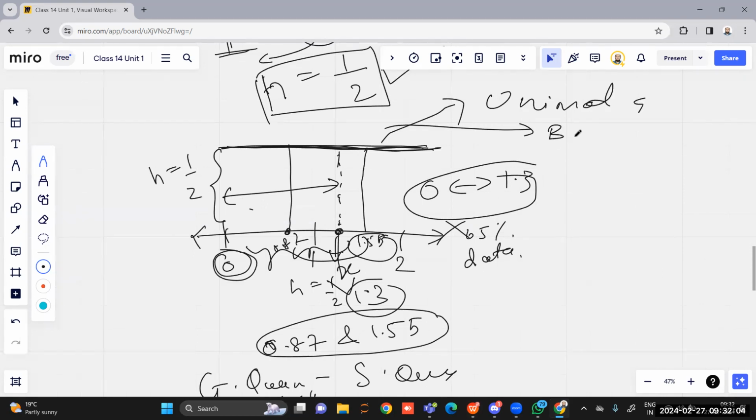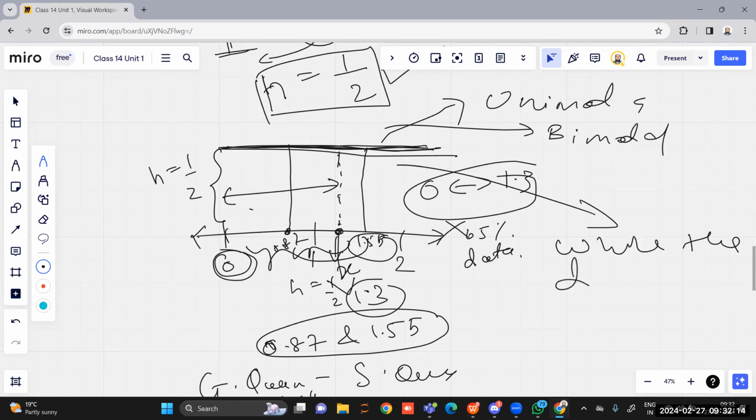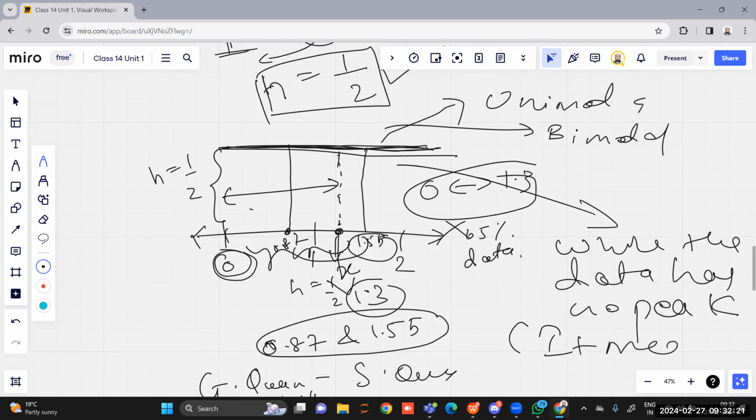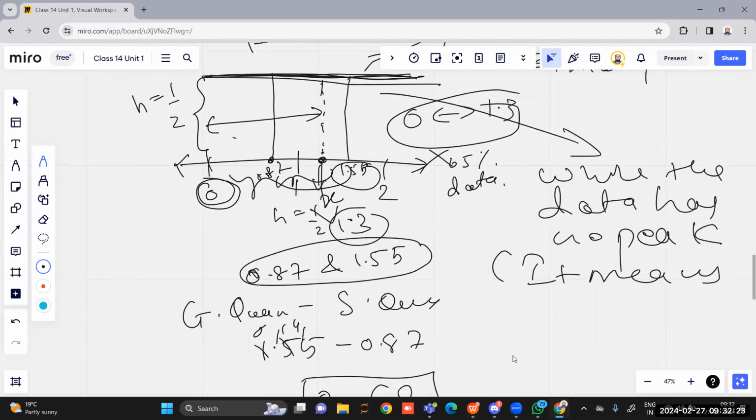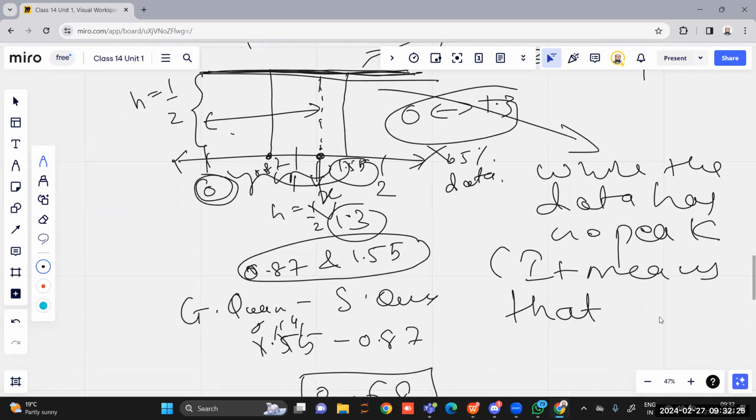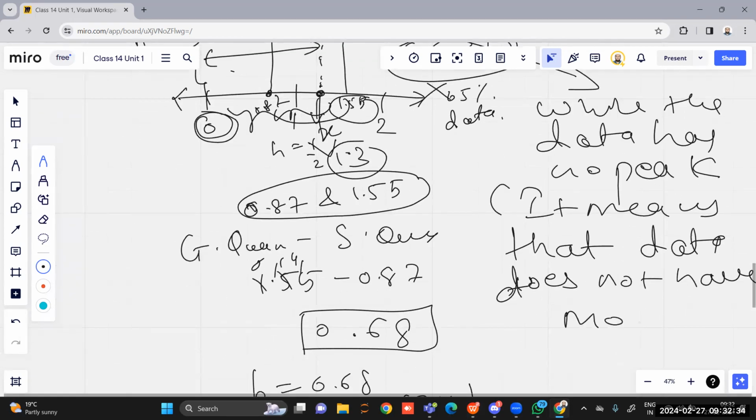It was neither. This is data that has no peak in it, so it means the data does not have a mode. That is understandable.